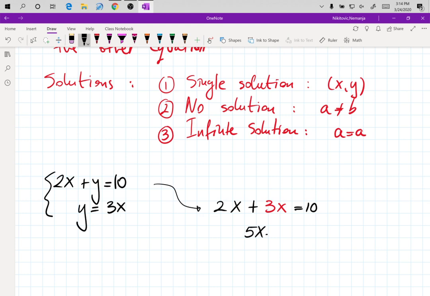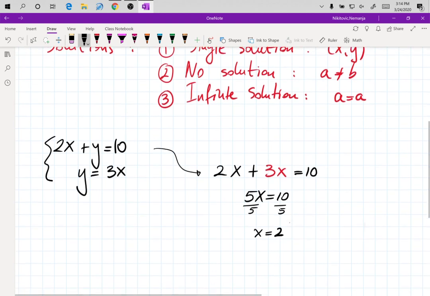We have 5x equals 10. When we divide both sides by 5, x is equal to 2, and we have our x. So the goal is to combine two equations into a single equation and at the same time eliminate one of the variables. And we can solve it because it will be a basic equation.